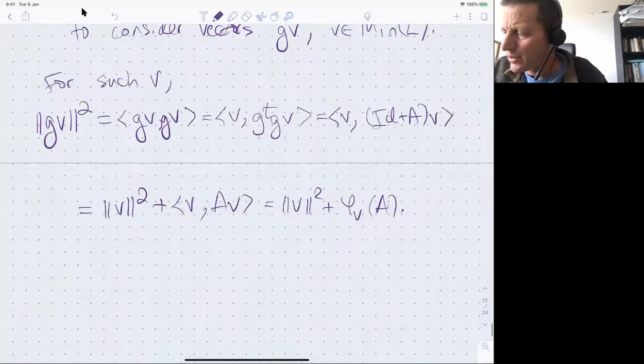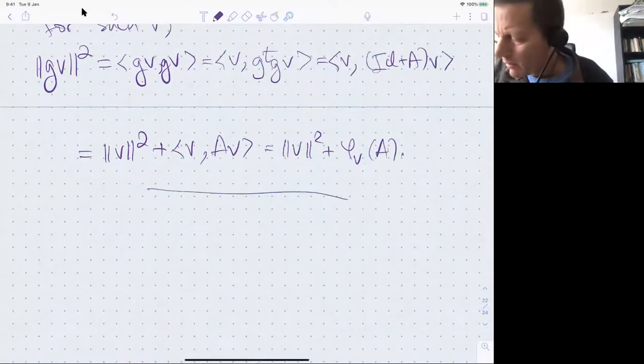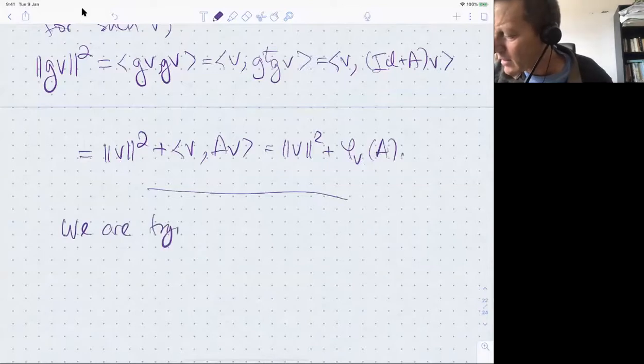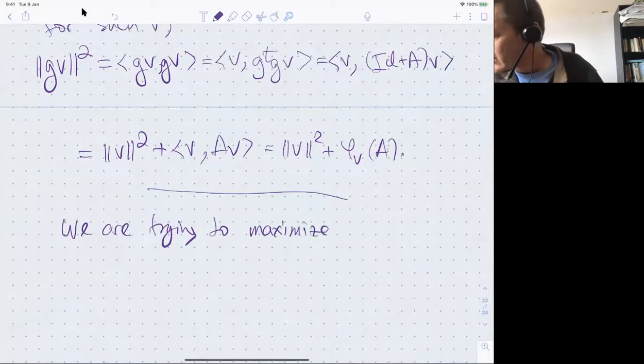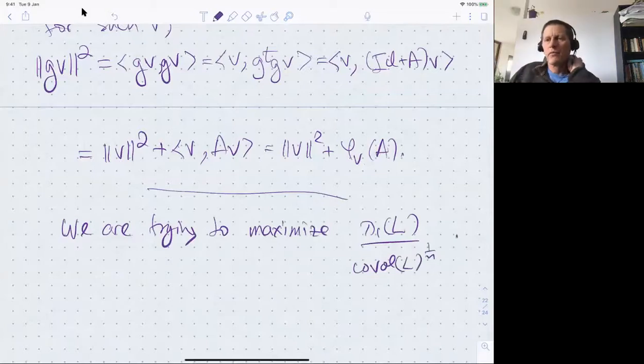Now, remember that the quantity that we're trying to maximize is lambda 1 of L divided by the co-volume of L to the power 1 over n. And Manuel asked previously, why is it that we insist on working with general lattices and not lattices of co-volume 1? If the lattices were of co-volume 1, then the term that you see over here would not bother us.